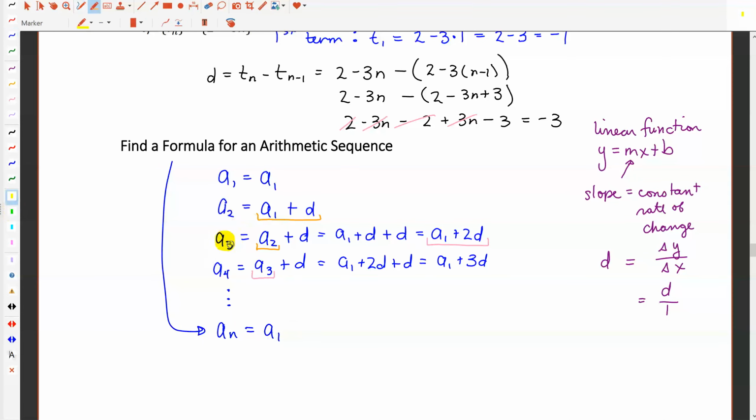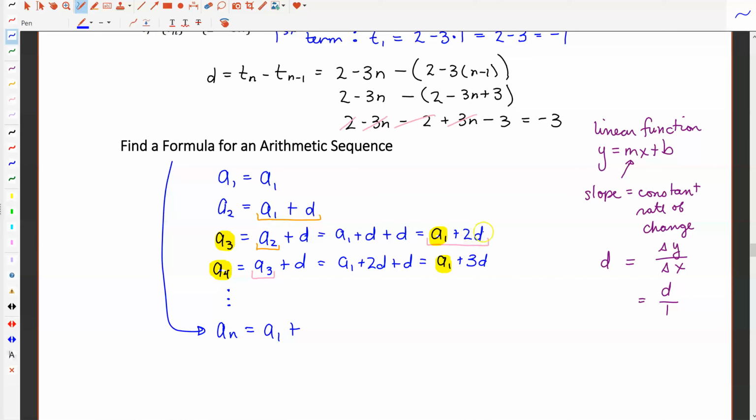A sub 3 ultimately had started with a sub 1, and then I added 2d to that. If I look at a sub 4, it started with a sub 1 and I added 3d to that. So for the nth term, I can always go back to whatever that first term is, my a sub 1, but I will add to it a certain quantity of my common difference d.